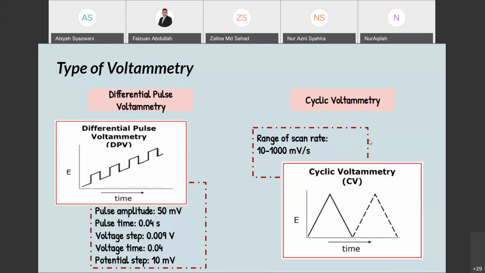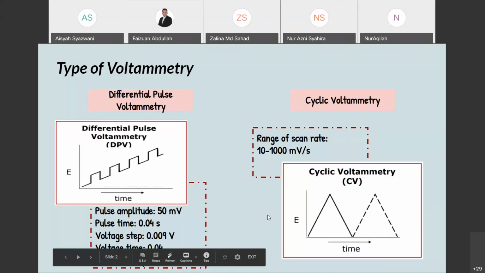The parameters that were employed are pulse amplitude 50 millivolt, pulse time 0.04 second, voltage step 0.09 volt, voltage time 0.04.